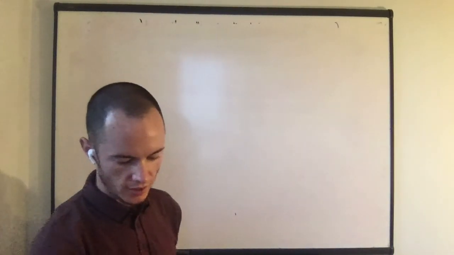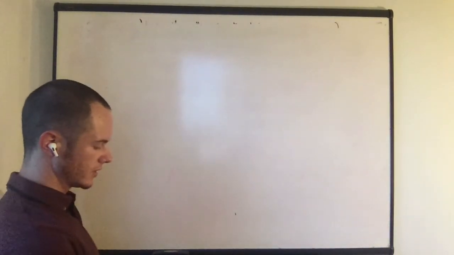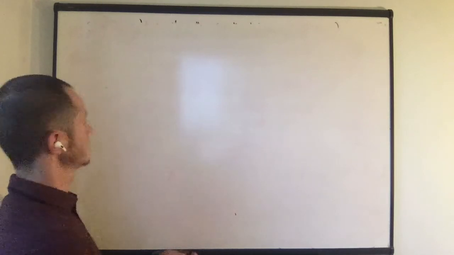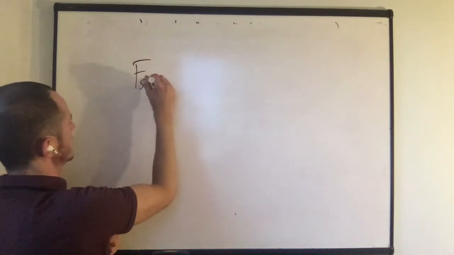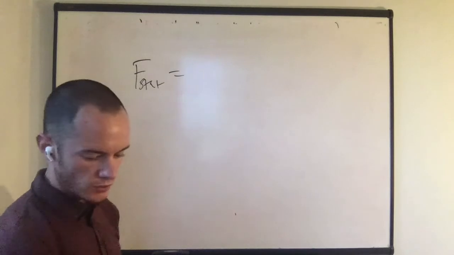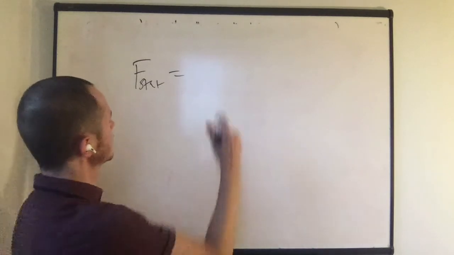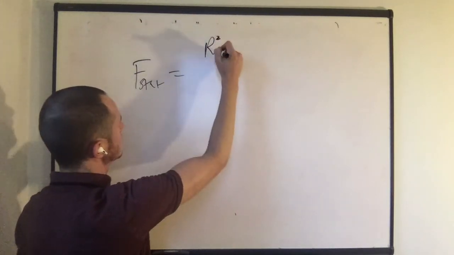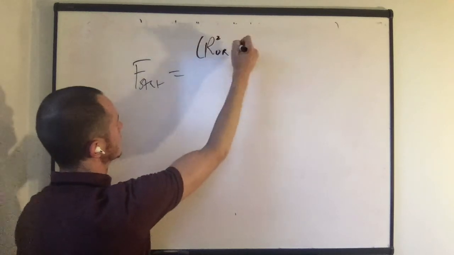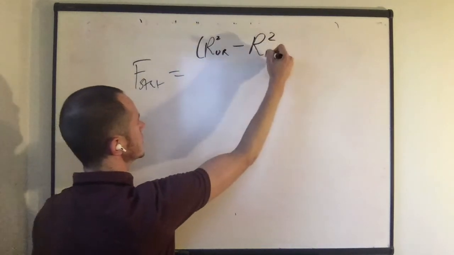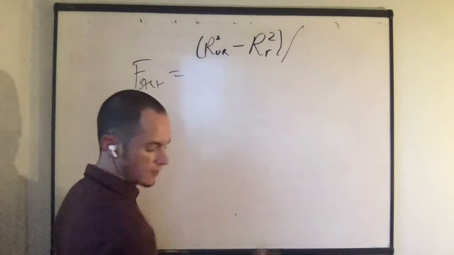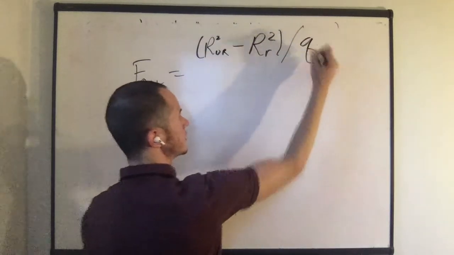Our F statistic is given by the following equation. F stat is equal to the difference between the R squared in the unrestricted regression minus R squared in the restricted regression divided by Q, where Q is the number of restrictions.